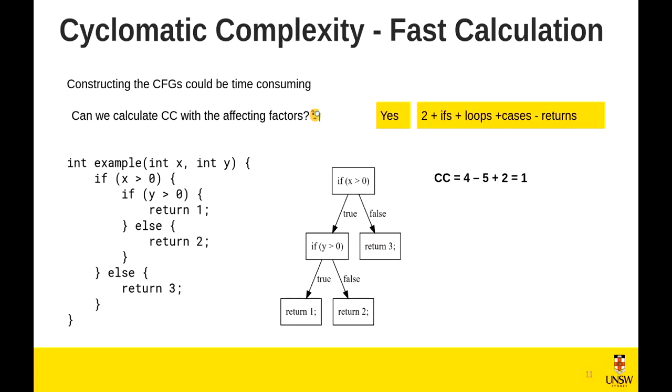And what if we use the new formula here? So what can we get? We have 2 ifs here, right? We have 3 returns. We don't have any loops or cases. So the calculation is 2 plus 2 minus 3, which will also give us 1.